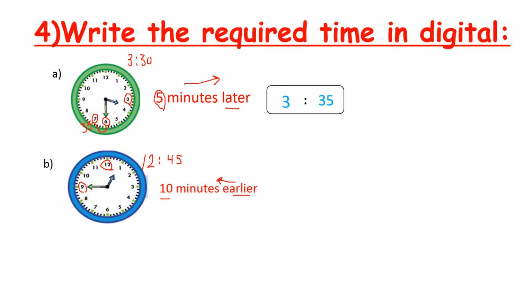So let's go backward 10, so it's 5, 10. It will be at 7. So when the long hand is at 7, it's 35 minutes. So the time will be 12:35.